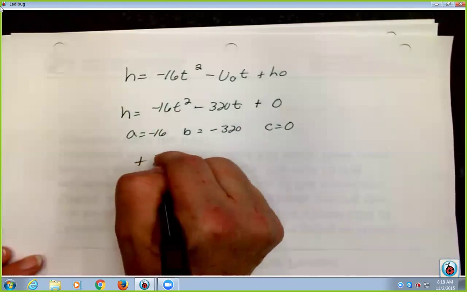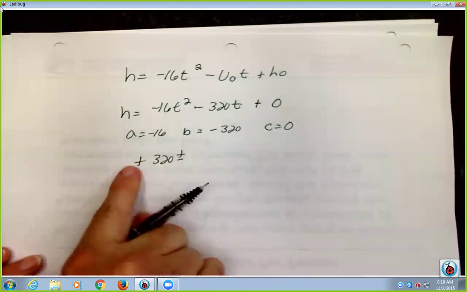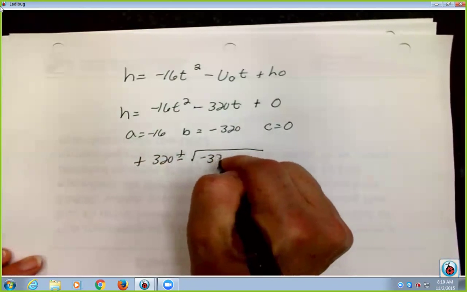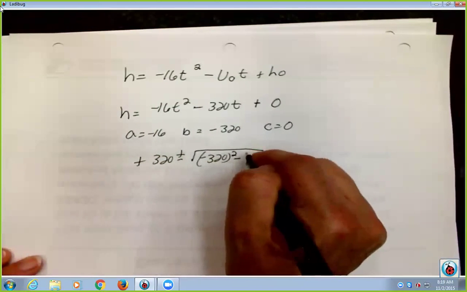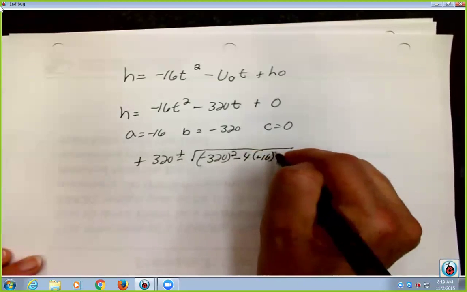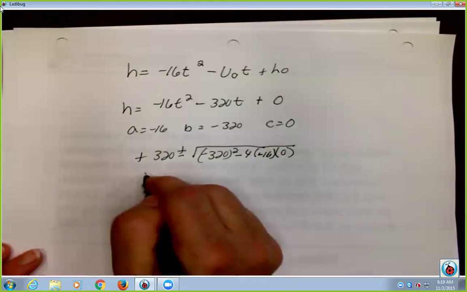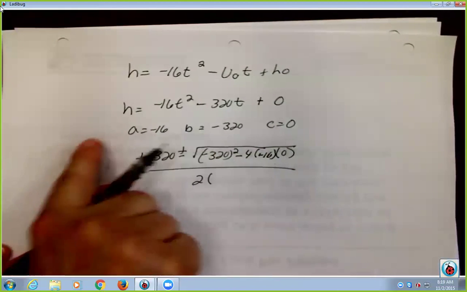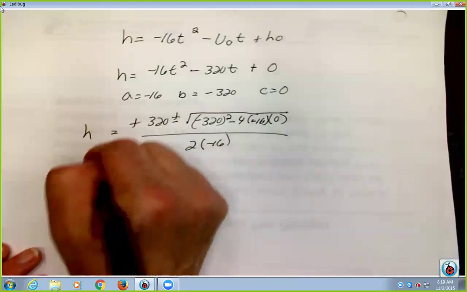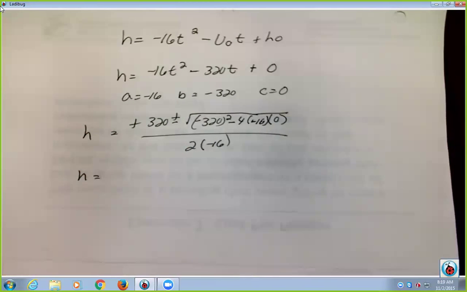I'm going to have a negative 320, because it was positive originally, plus or minus the square root of 320 squared minus 4 times negative 16 times 0, all over 2 times negative 16. And in this case, it's going to equal h.